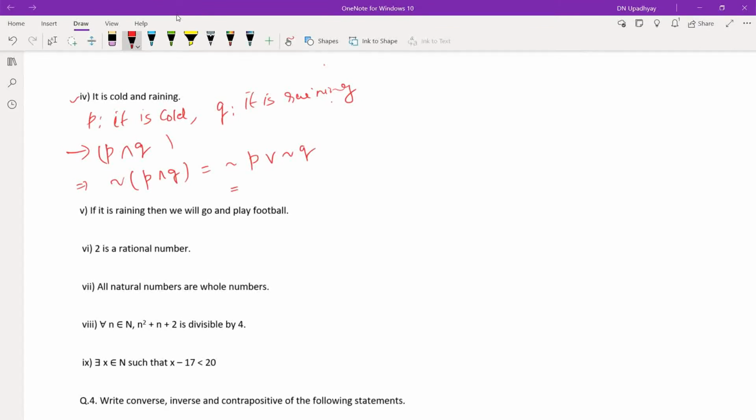So the statement will be negation P means it is not cold, or not raining, right? Why not raining? Because there is also negation Q. So the final answer will be it is not cold or not raining.